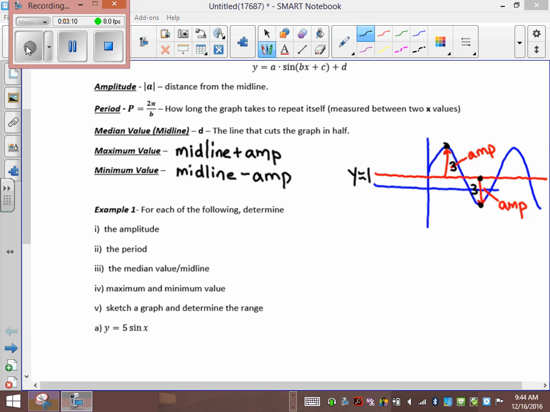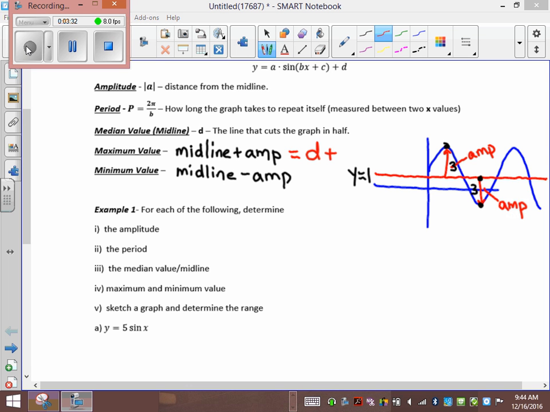So how could we write that as letters from this equation? What letter on this equation represents the midline? D. So we could say D, which is the midline, plus, what's the amplitude off that equation?